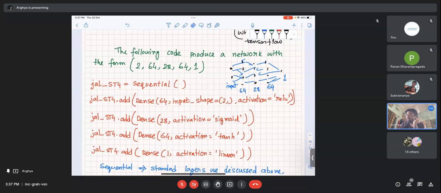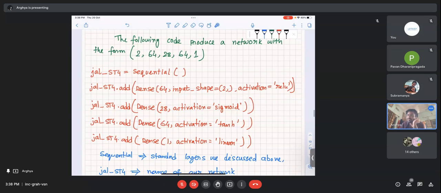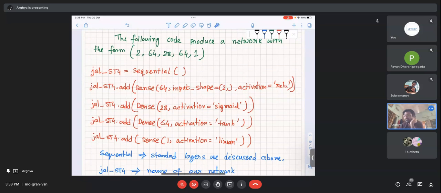Now to do that in Python, it's actually very easy. First you have to install Keras, or just install TensorFlow, which already includes Keras. That's a very high level library. You just have to name your network; I named it ST4, whatever. So this is the name of your network.